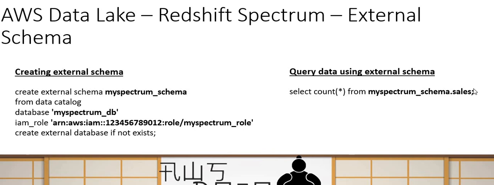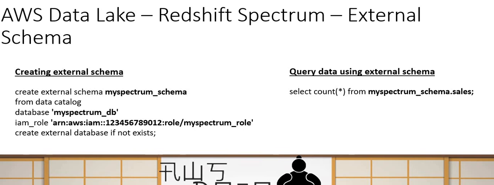I can simply make a query like this, where I can say select count star from external schema dot external table, and that way I can make a query in the Redshift cluster, and the Redshift cluster will simply talk to the S3 bucket using Spectrum to fetch data for you. So fantastic. It's very easy to do.